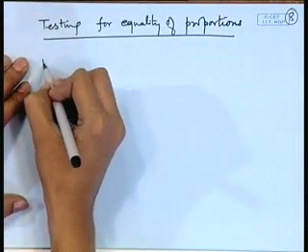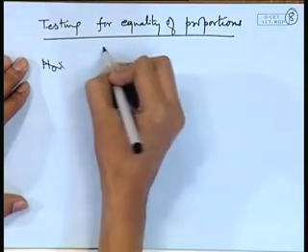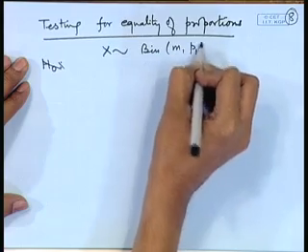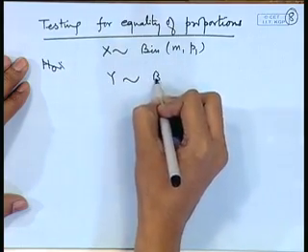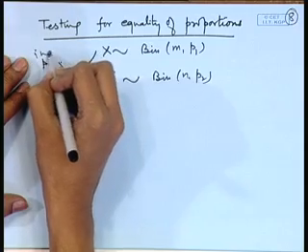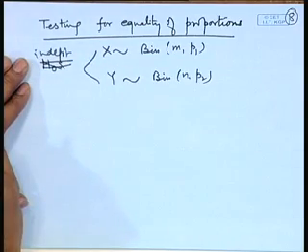So, the general model is of the form X follows binomial(m, p1) and Y follows binomial(n, p2). We assume these two samples to be independently taken here.